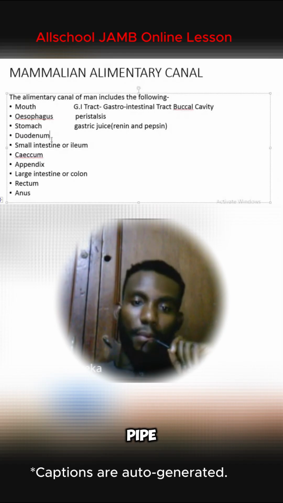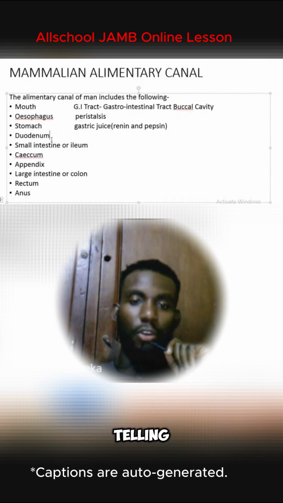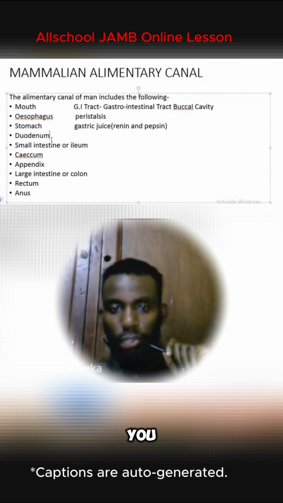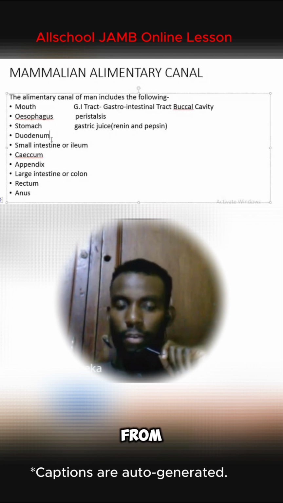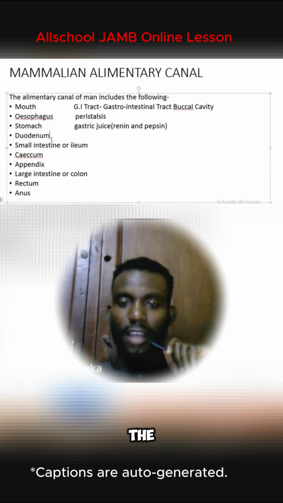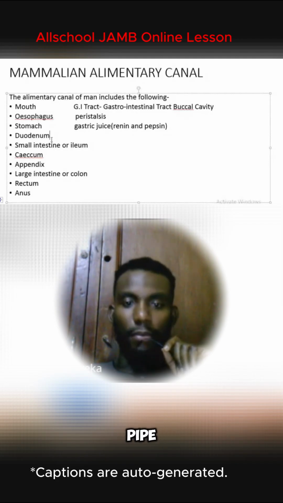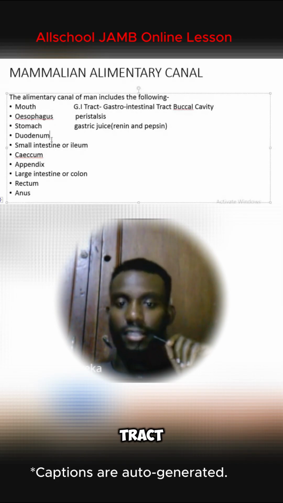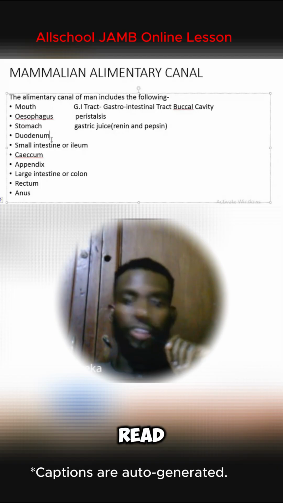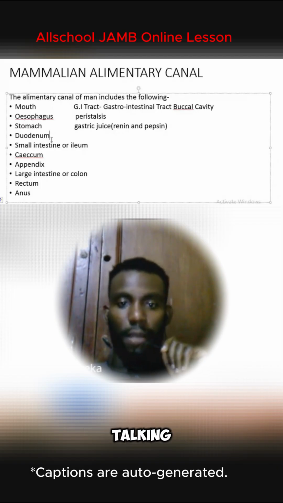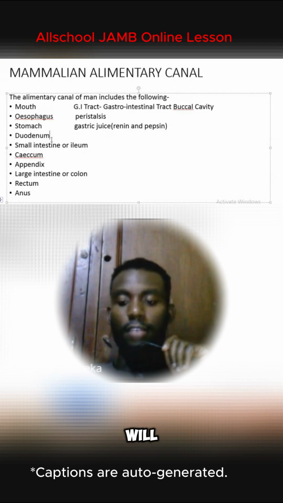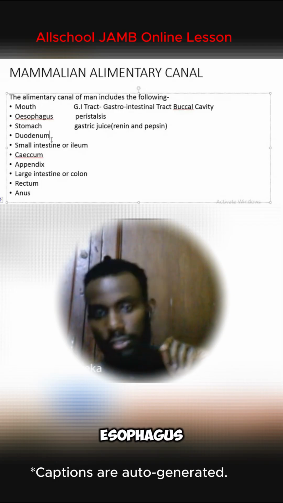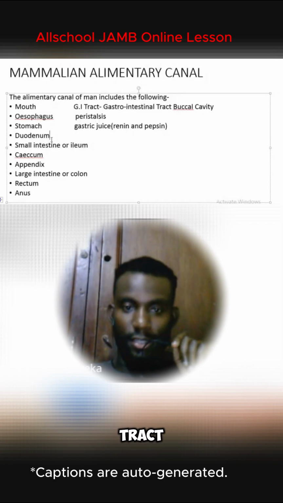So the pipe or the pathway they are telling you about now is probably, from experience, the GI tract. If you read it further, they will even give you the 9 mm diameter of the esophagus or the GI tract that passes.